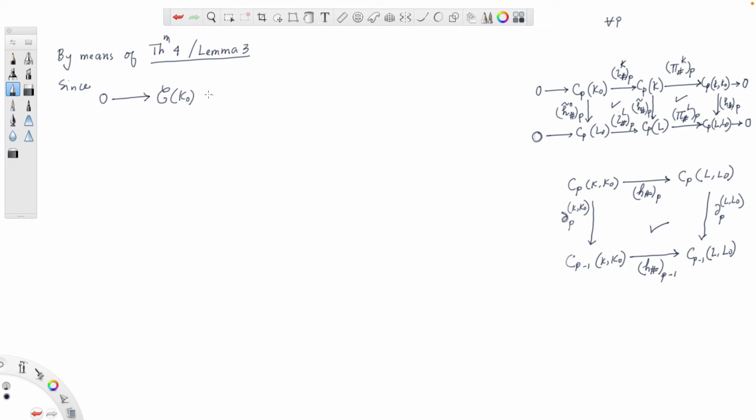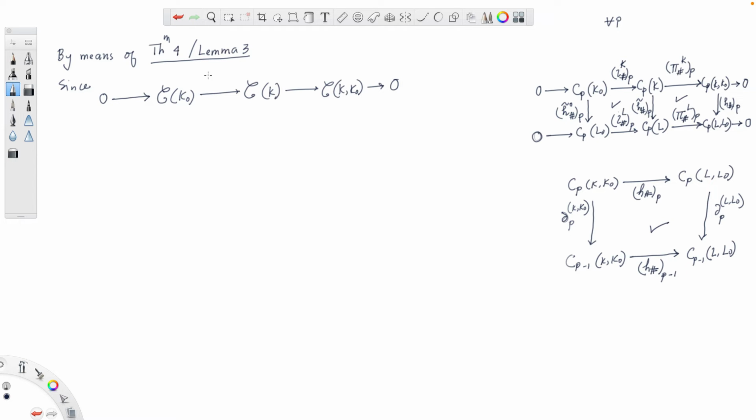this C of K0 is a chain complex related to the subcomplex K0, and there is this C of K and then to C of K comma K0, and then back to the trivial chain complex.